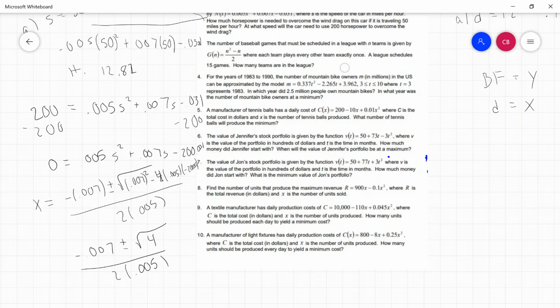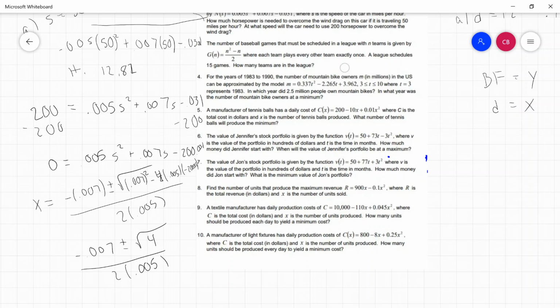If I subtract, that's going to be negative. We won't have a negative speed, so let's use the positive. And then divide that by 2 times 0.005.